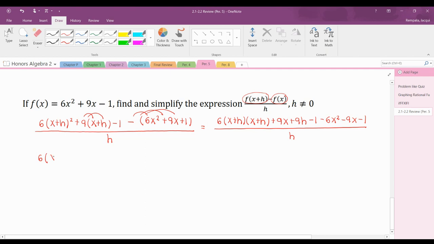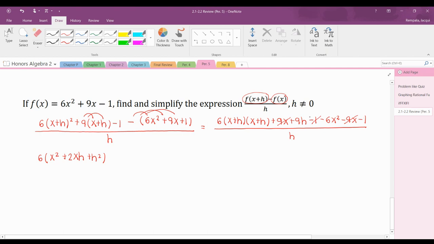Okay, I'm going to keep the 6, but now I'm going to actually multiply out the two binomials. So x times x is x squared, x times h, and then an h times x. So there are two xh's or two hx's, and then h times h is h squared. Notice that the terms that are not in parentheses, I have a 9x and a negative 9x, so those cancel.